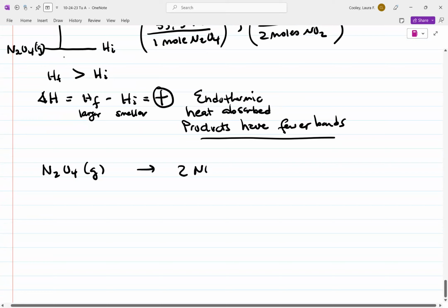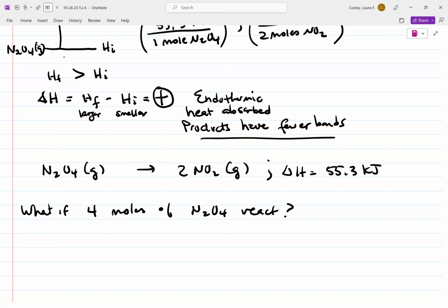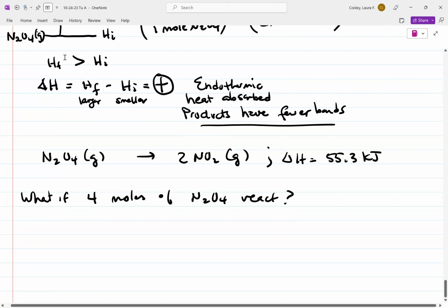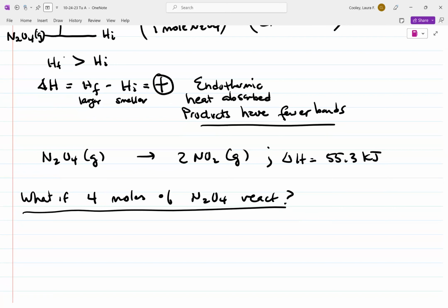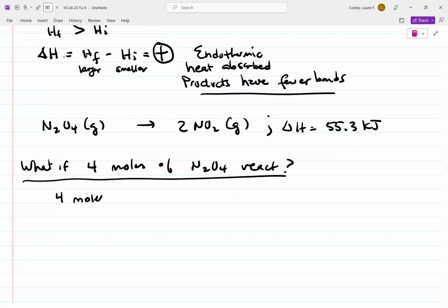Okay, so we have this reaction, and we know the delta H is 55.3 kilojoules. So now I ask, what if 4 moles of N2O4 react? Okay, so this is a typical chemistry problem where you start with what you know. Start with what you know. 4 moles of N2O4.